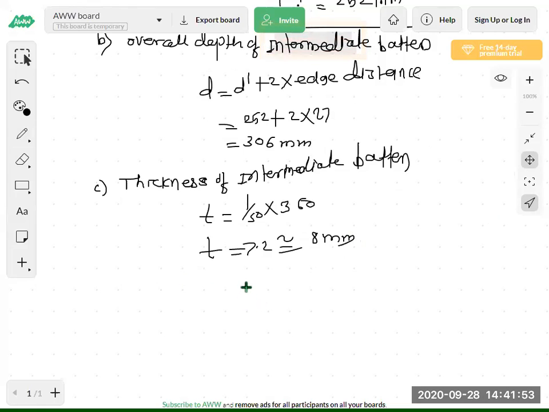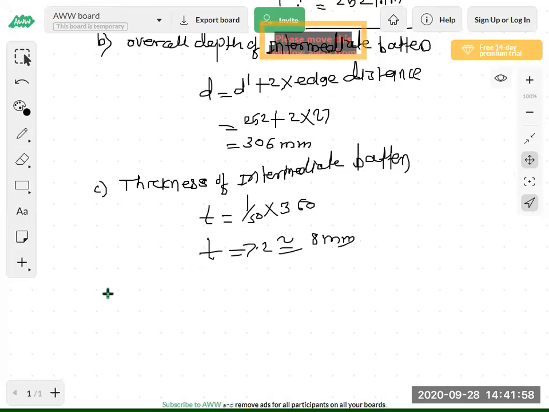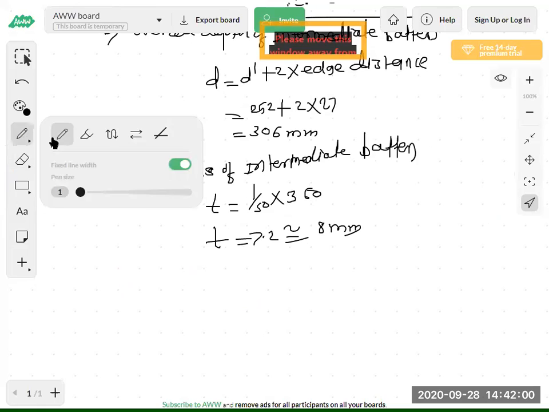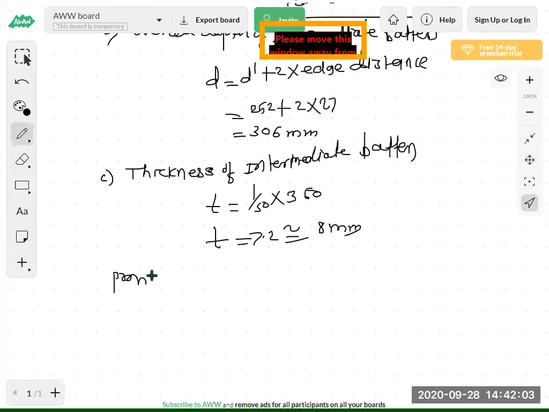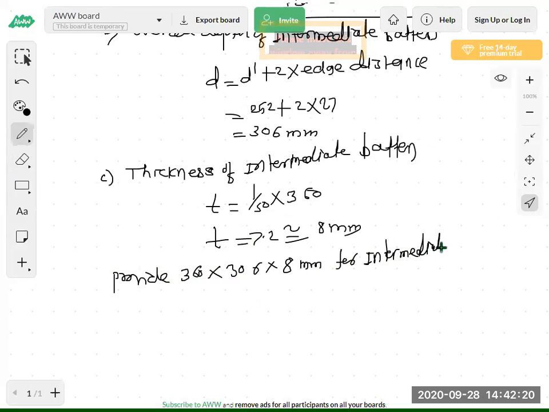So we got the length, width, that means depth, and thickness. So here we can write: provide length 360 into width 306, that is depth, into thickness 8 mm for intermediate batten. So this is the size for the intermediate batten.